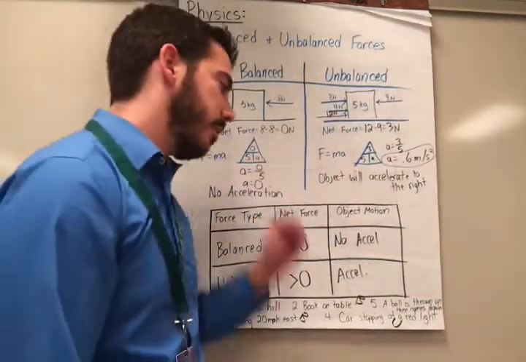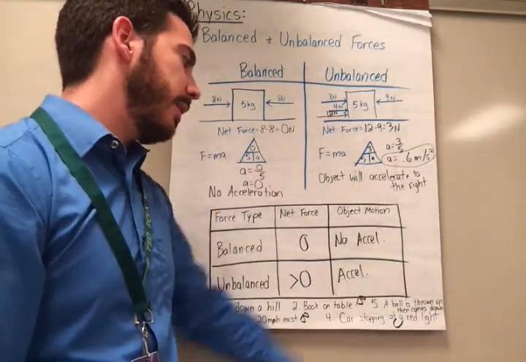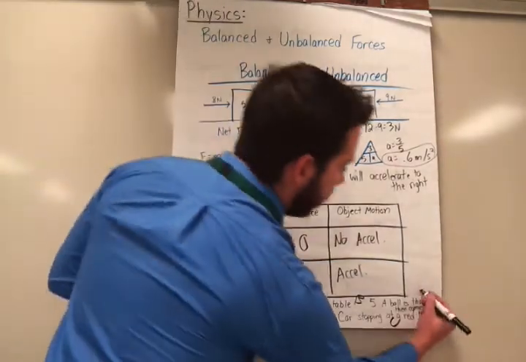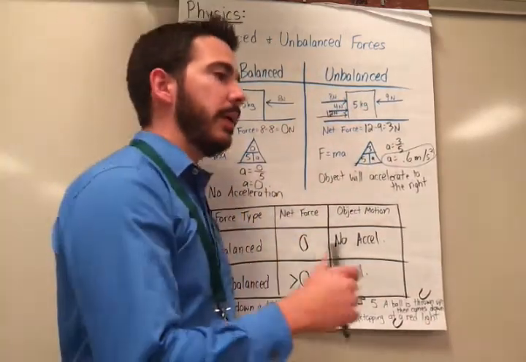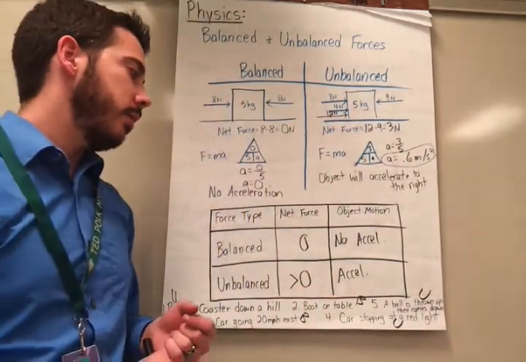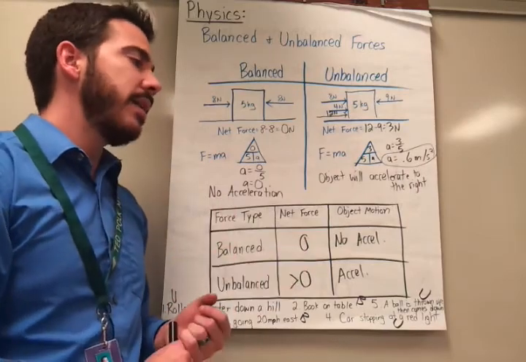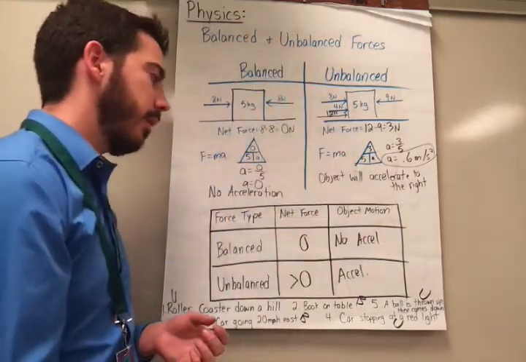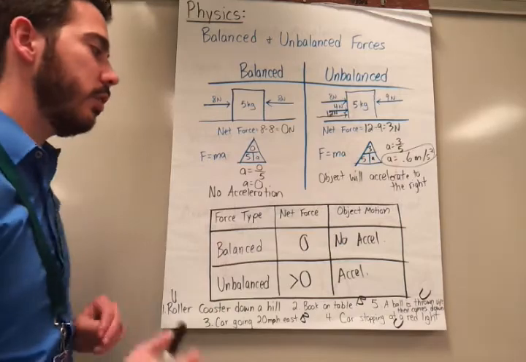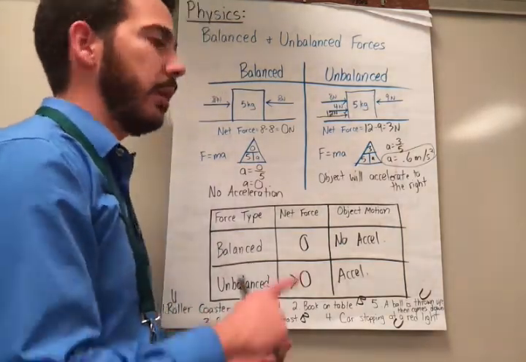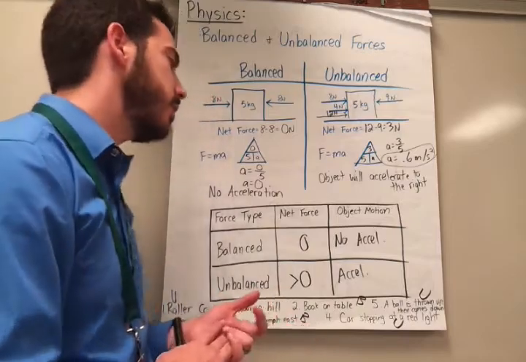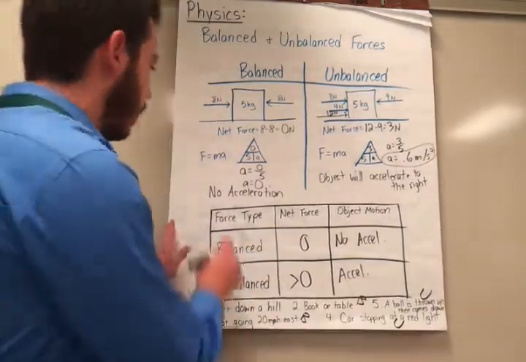And then last but not least, number 5, a ball is thrown up and then it comes down. That would be unbalanced forces because when it's thrown up, it's slowing down by gravity. Gravity pulls it back down. And then as it comes back toward the earth, it's speeding up due to the acceleration of gravity. So we have actually all 3 ways that it changes velocity. It speeds up, it slows down, and it changes direction in that example.